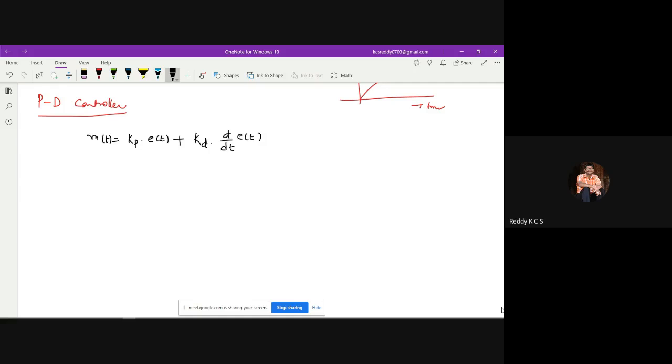This is the actual equation, combining proportional and derivative. This is the proportional part and this is the derivative part. By adding this combination, it is called proportional plus derivative control. If I draw the block diagram, the error signal E of t enters a P plus D controller, which gives the manipulated signal M of t.